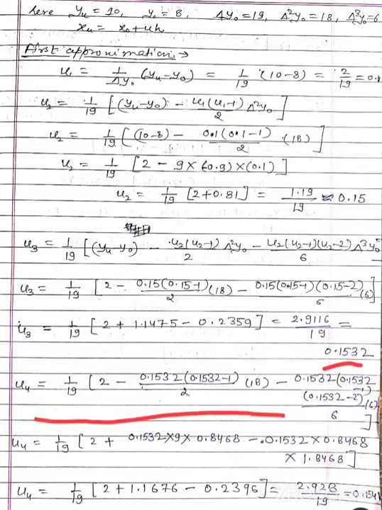Now we use this calculated value of u3 again in the third approximation. Again we substitute this value in the similar formula, then we obtain the value of u4, which comes out to be 0.1541.